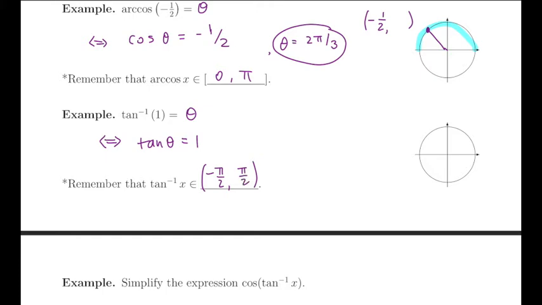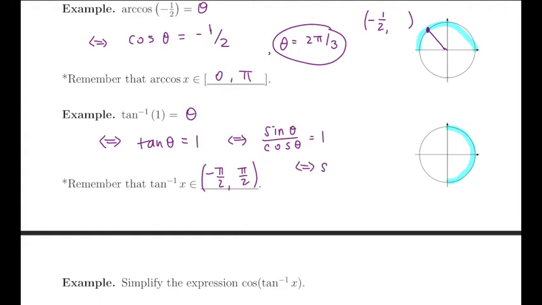And that corresponds to this part of the circle. And tangent is positive only in the first quadrant, so you're somewhere along there. And if tangent is 1, that means sine over cosine is 1. Let me write that down, because tangent is sine over cosine, right?